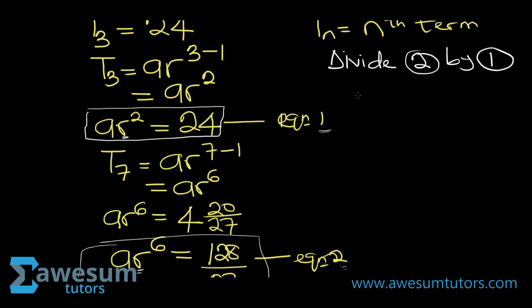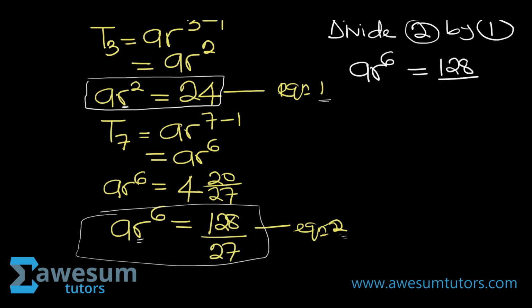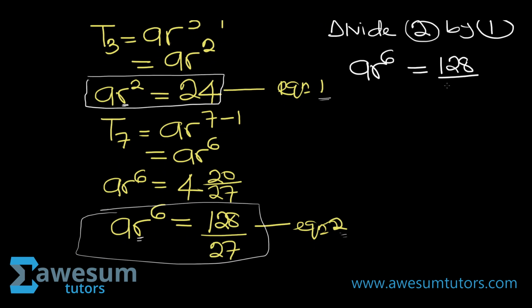What is equation 2? Equation 2 is AR raised to the power 6 equals 128 over 27.